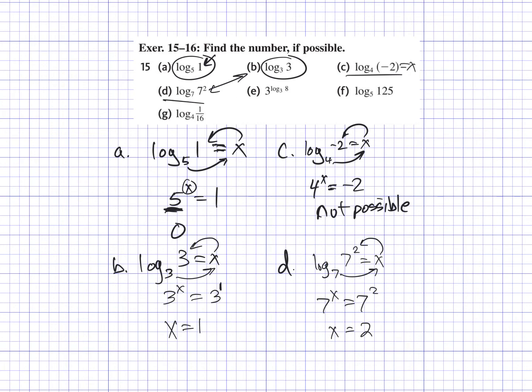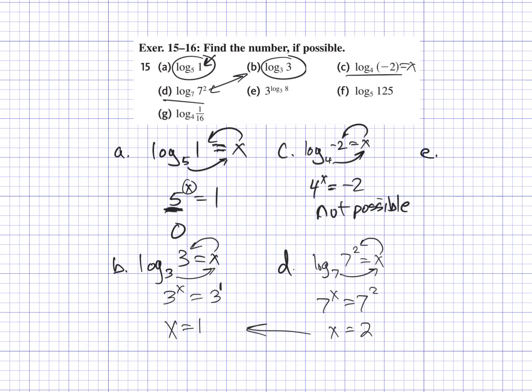Well, on B, wasn't 1 our exponent on this answer? So if the base and the answer's base are the same, just like on B and D, then the answer should be the exponent. All right, that's a shortcut.